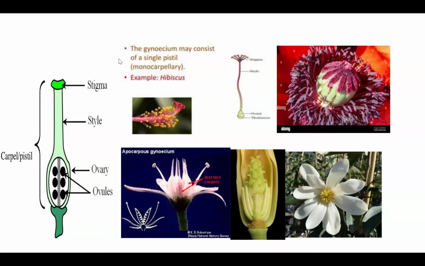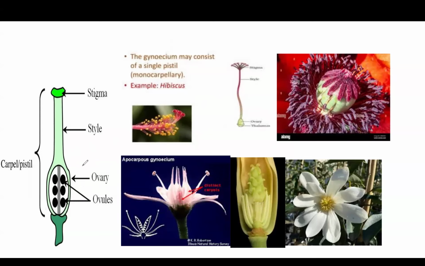And now we are coming to megasporogenesis, which is present in the carpel, or in the female gynoecium, that is, which has stigma, style, ovary and ovules. Now, based on how many pistils are there in a flower, I can segregate it into two parts.